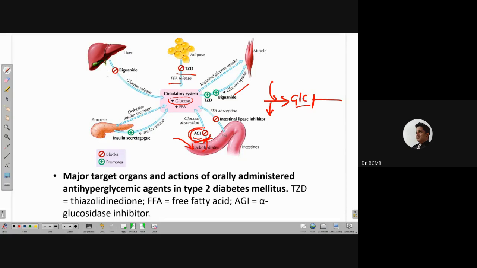Say, if they say biguanide inhibits the release of glucose from liver, we should know exactly to which molecule this particular compound is interacting and which cells are responding. We should know the mechanistic details of the approaches that we actually choose. So be unbiased, be objective. That is the point of it.